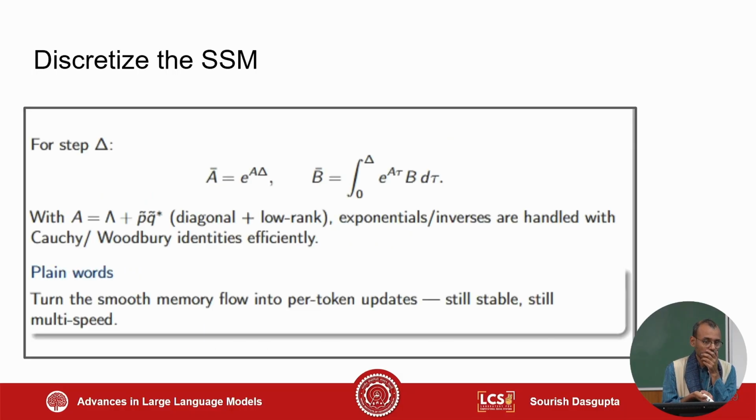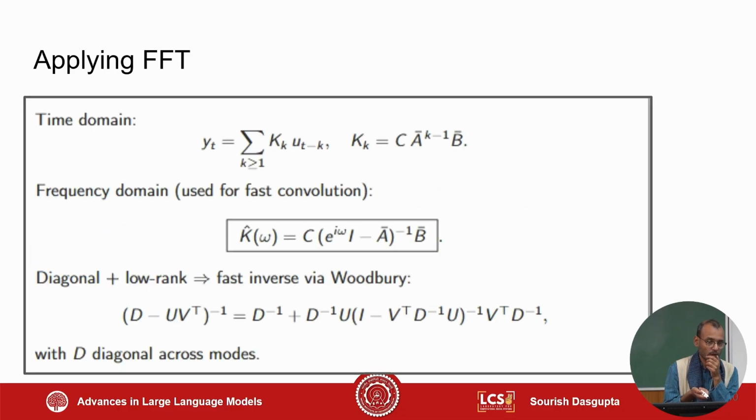And then you discretize it, same technique, and then you apply the FFT, again the same technique. And then in order to get the Y back, you apply this fast inverse.